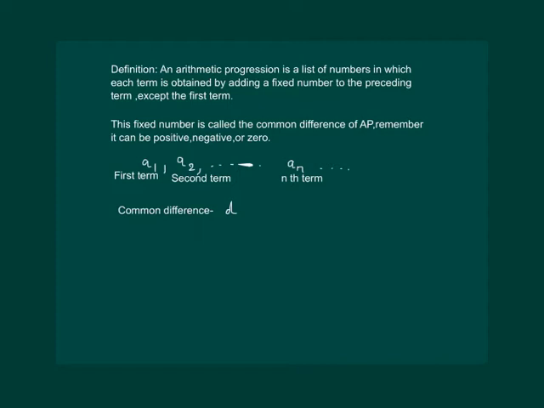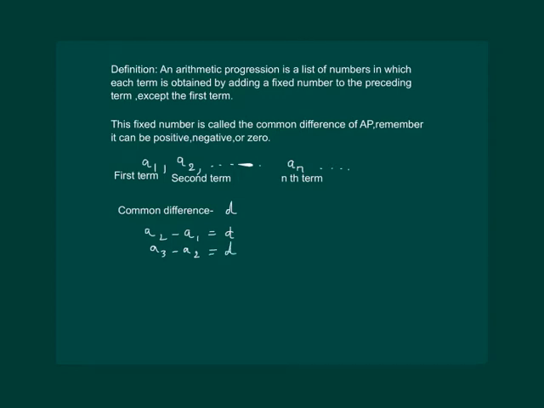Then, for the arithmetic progression a1, a2, a3 and so on, we have a2 minus a1 equal to d. Similarly, a3 minus a2 will give us d.